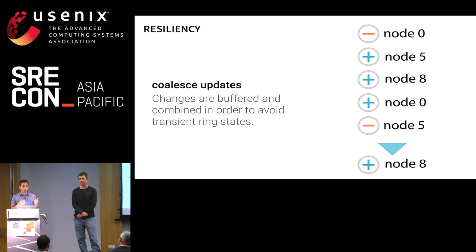If any of you have worked with Zookeeper, you'll know that sometimes it's psychopathic, and it'll give you updates that, for example, come from a GC pause, and it'll give you data that you can't really trust. So to not flush that directly into our ring coordinate system, we implemented this coalescing of updates that allows us to buffer these changes and process them and then flush them after some window.